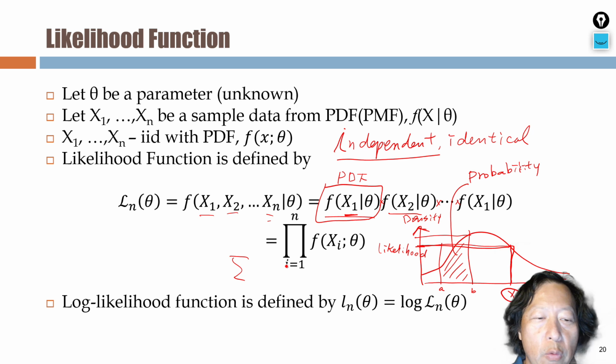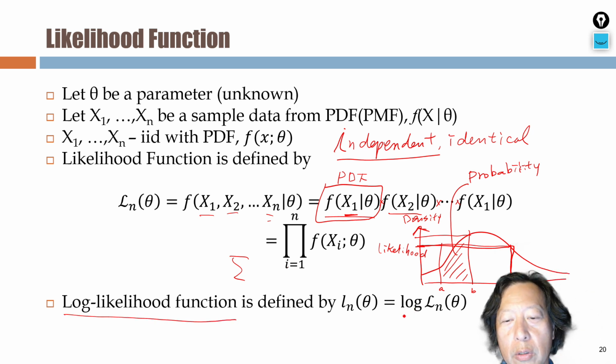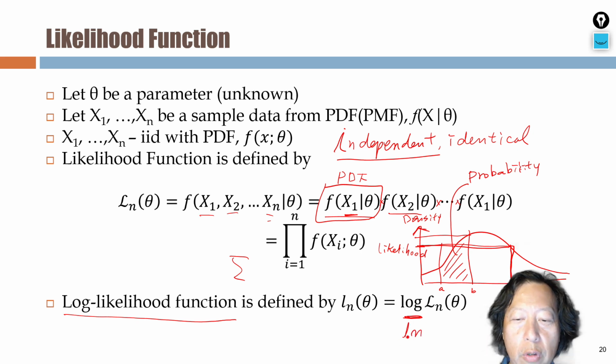So we will also define the log likelihood function. Log likelihood is just applying the log. This log can be the natural log. We will use a lot of natural log, but it doesn't have to be the natural log.